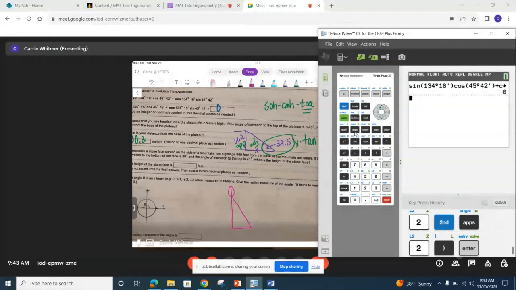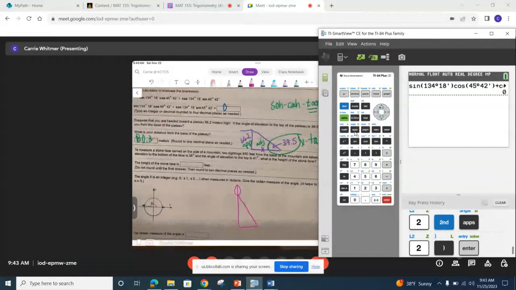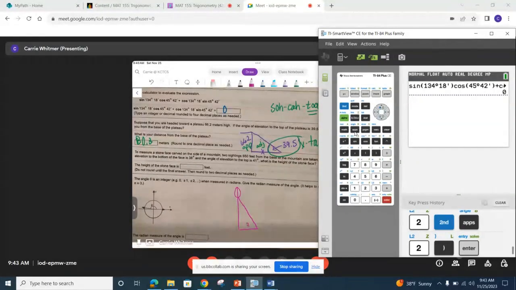Okay, we have the angle of elevation to the bottom of the face is 38 degrees, and to the top of the face, that is 41 degrees. We want to know the height of the stone face.